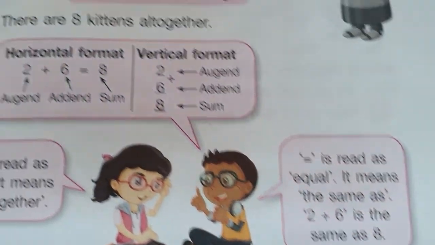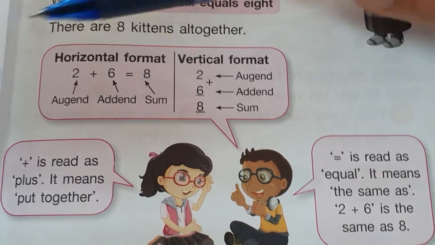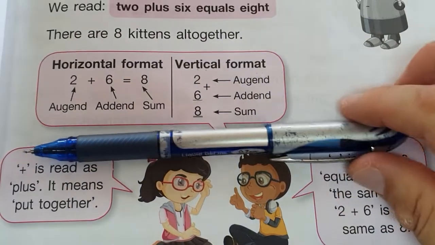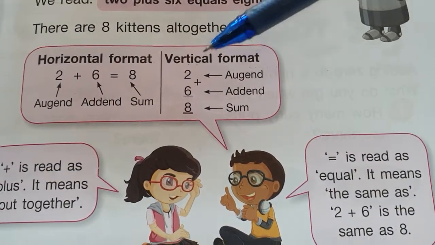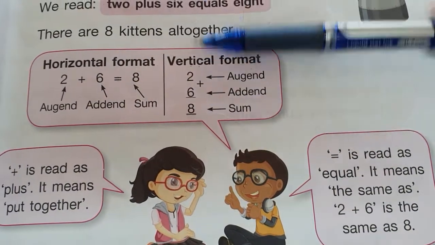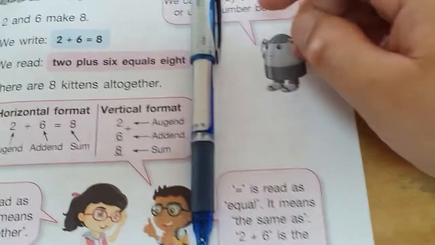Okay, so I told you about the horizontal format when it's on a line like this, like my pen. But there is also the vertical format when everything is on top of each other. So then it goes like a line from up to down.